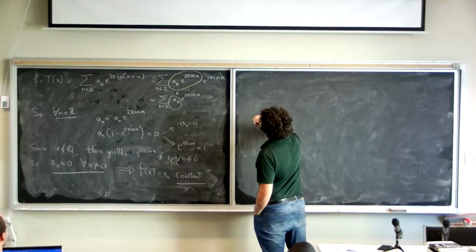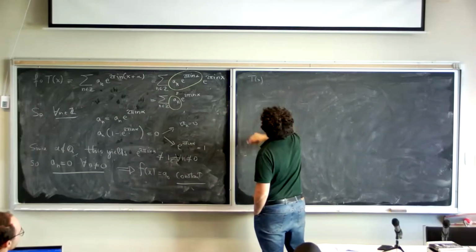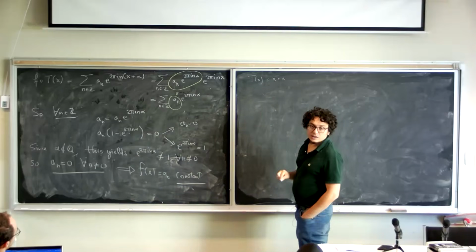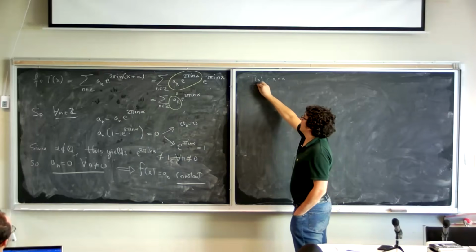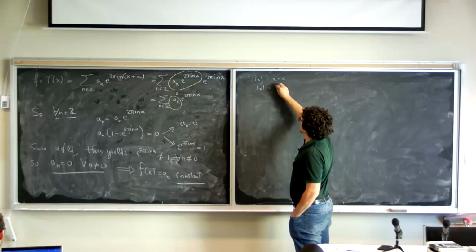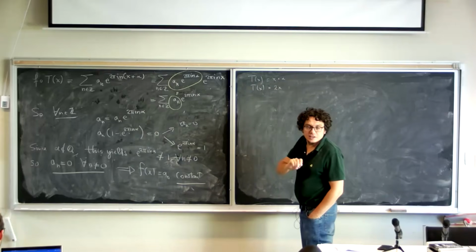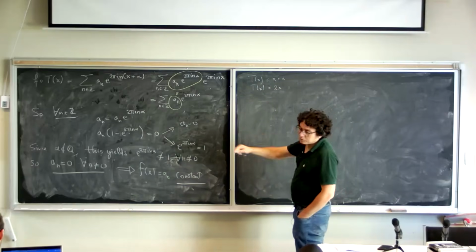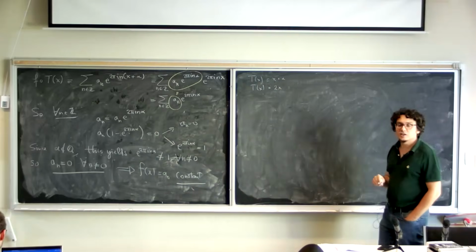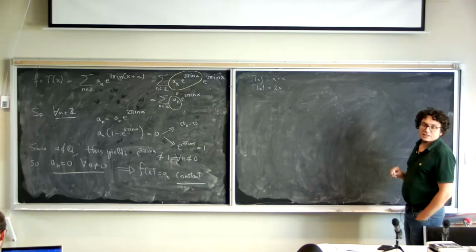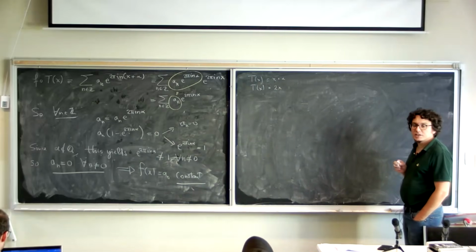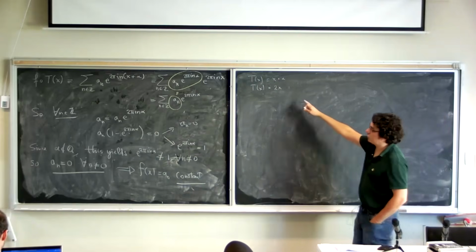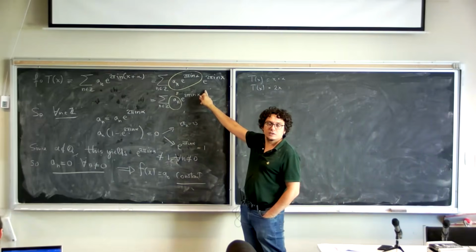So depending on what is T of x, what is good here is that T of x is x plus alpha. Now, if T of x is 2 times x, and I should have put this as one of the exercises too, it's a very nice exercise, the approach using Fourier series still works, but it's a bit more complicated because you still have a nice way of expressing this function in the Fourier series.